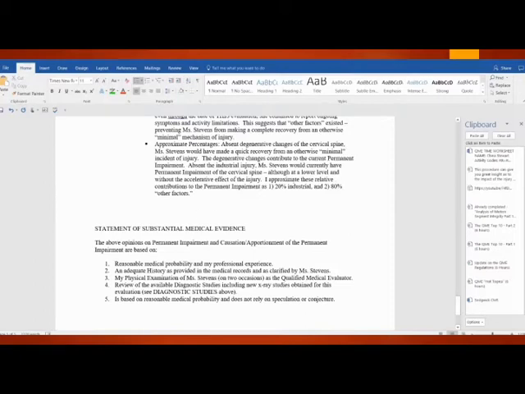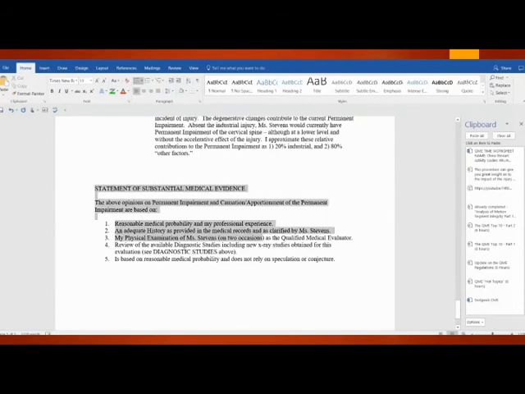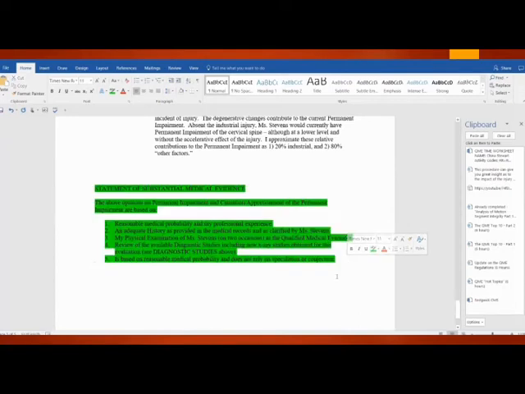And when you provide your opinion on permanent impairment and apportionment, always add a statement of substantial medical evidence so that the parties will know that indeed your opinions and conclusions have been run through the filters described by Escobedo to qualify as substantial medical evidence.